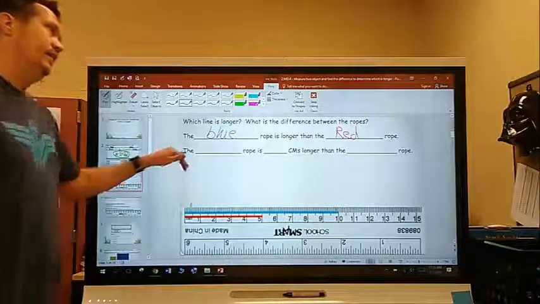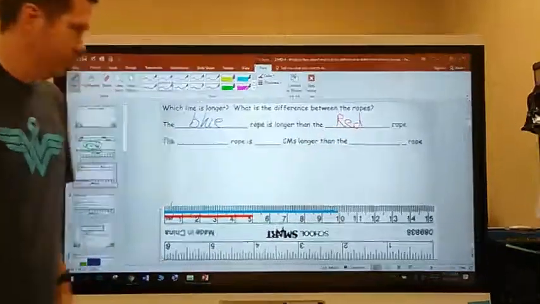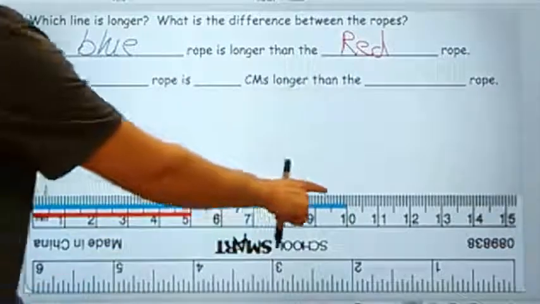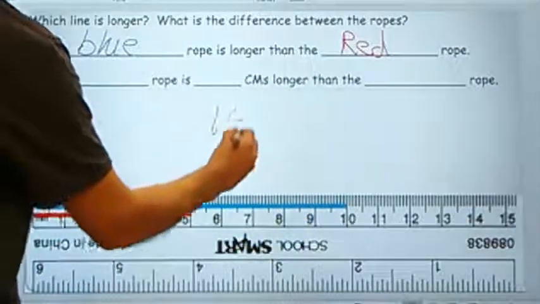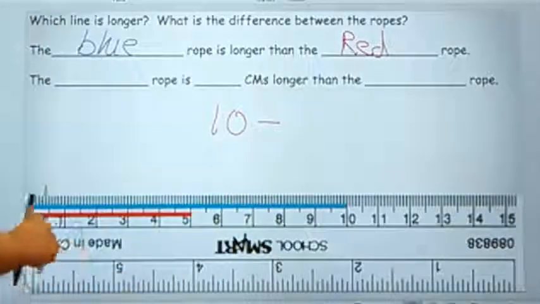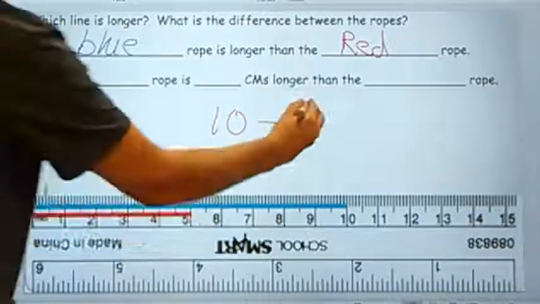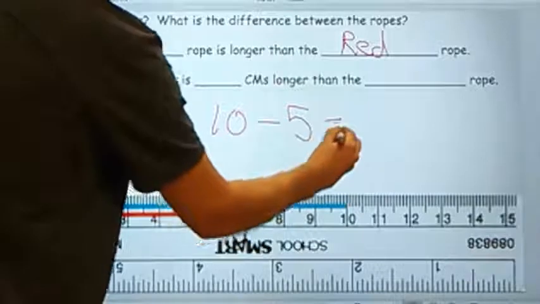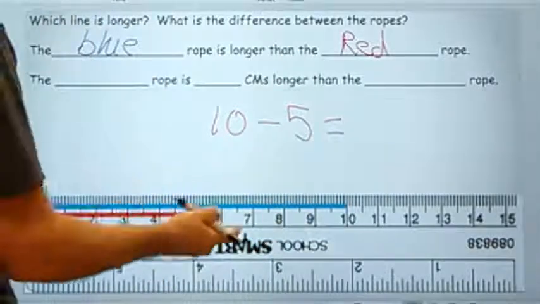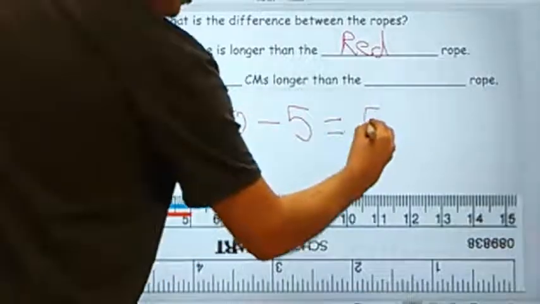All right, now I need to figure out how much longer that blue rope is. Well, I know that the longer rope is 10, so I'm going to take 10 minus 5, because the smaller rope is only 5 centimeters. So I know that the blue rope is 5 centimeters more.